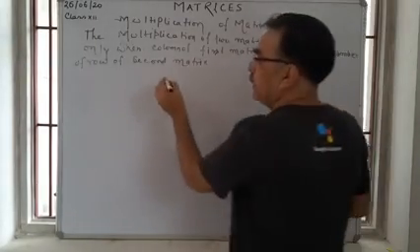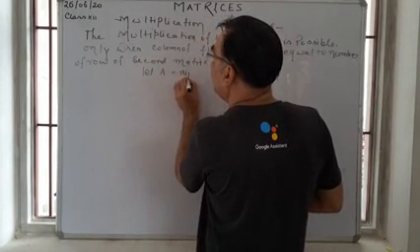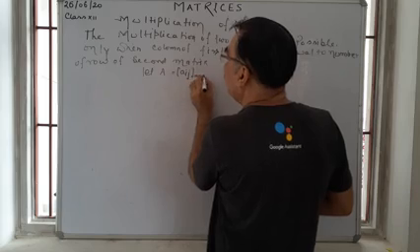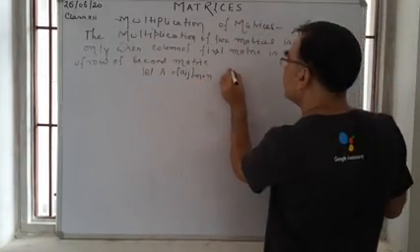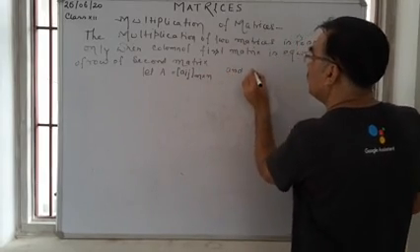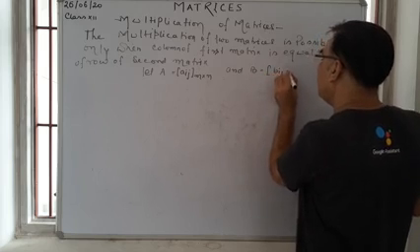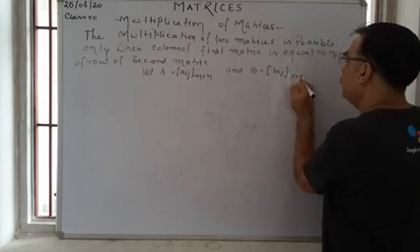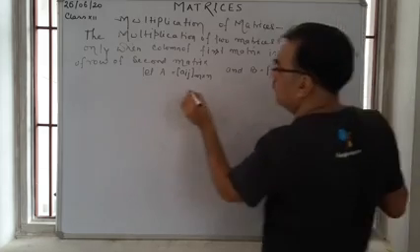Means let A is equal to Aij of order m cross n and B is equal to Bij of order P cross Q, two matrices.